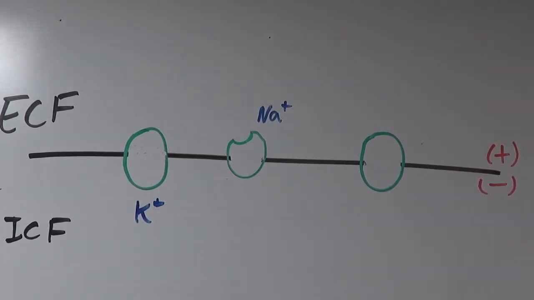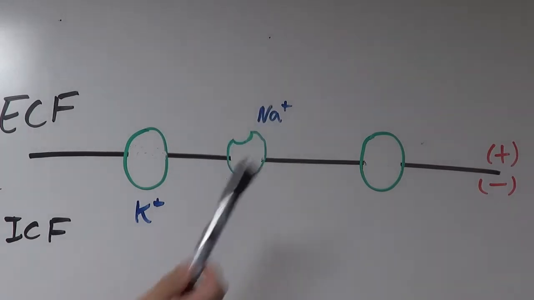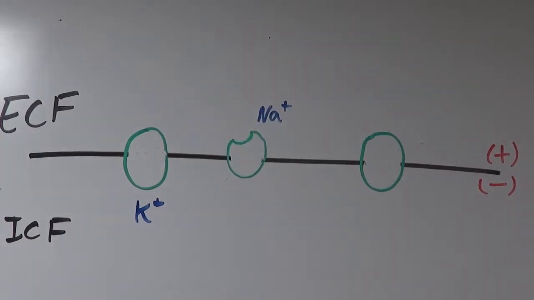Not pictured here are some sodium and potassium leaky channels. These would be channels that have a constant influx and outflux of sodium and potassium. So potassium is slowly always going out of the cell, while sodium is slowly always going into the cell. Again, those are not pictured here.